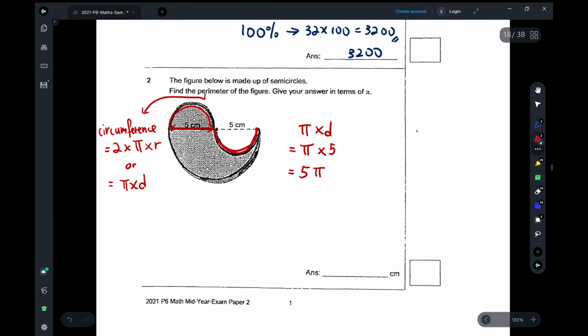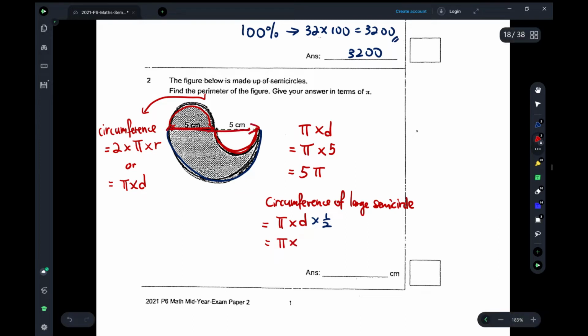Then the next part, which is the circumference of the large semicircle. The formula is still pi times d, but we're finding just half of it. So we need to remember the times half. Pi remains the same because we need to give answers in terms of pi. The diameter will be 10, 5 plus 5.